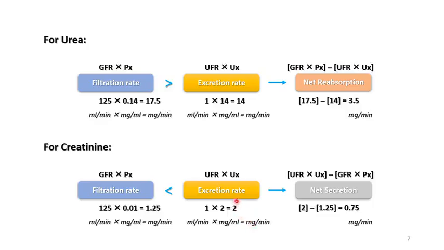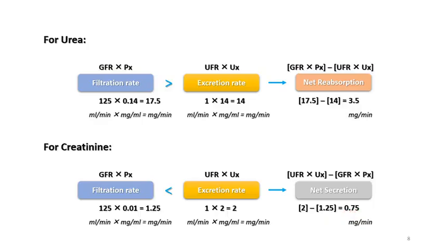So comparing excretion rate and filtration rate, we see that excretion rate for creatinine is higher than filtration rate. It shows that there has been some secretion added to filtration. So the net secretion rate will be the difference between excretion rate and filtration rate, and it is 0.75 milligram per minute.